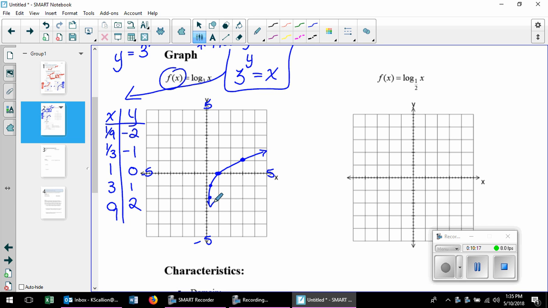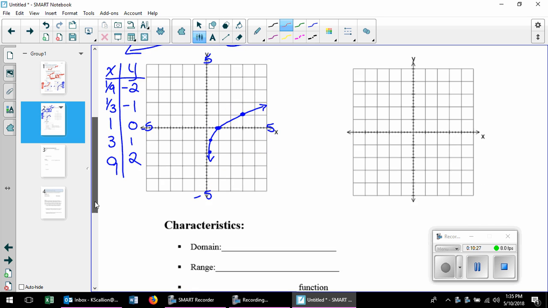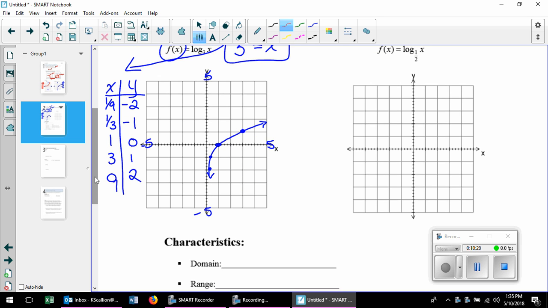Okay, so let's do the logarithm graph for this one. All right, so put this in exponential form. So I'm going to have a base of 1/2. Remember that that has to be in brackets. I'm going to apply an exponent of y, and that's going to be equal to x. So if I'm doing a logarithm graph, what am I picking, x's or y's? Y's.